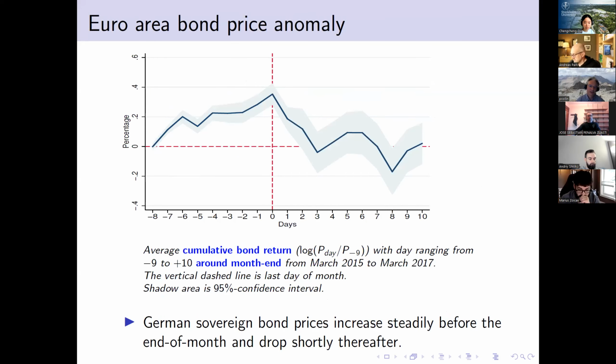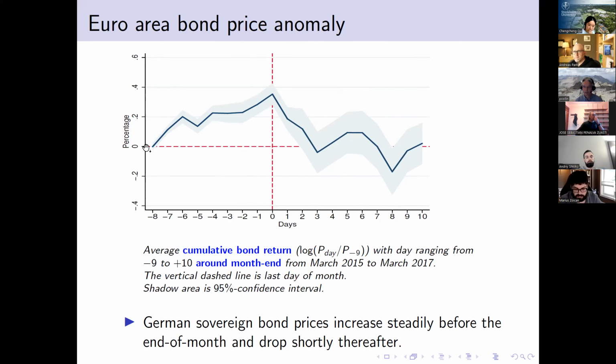In a nutshell, the empirical evidence looks like this. This is the cumulative bond return around month end during this period of the purchase program.